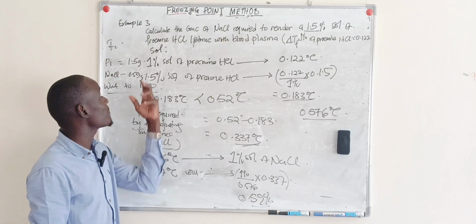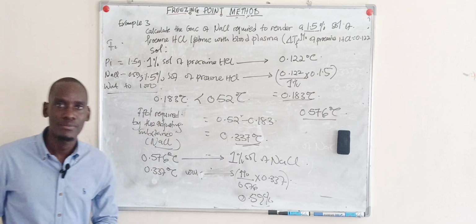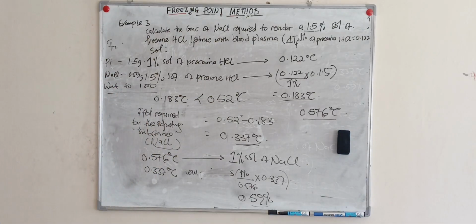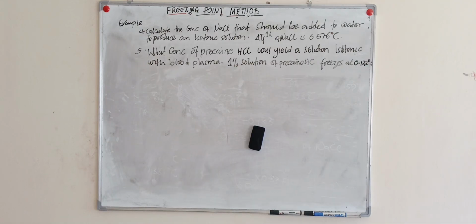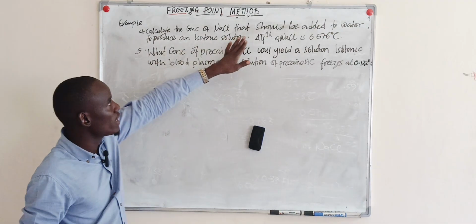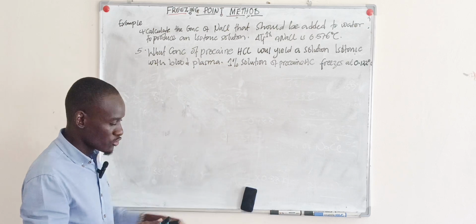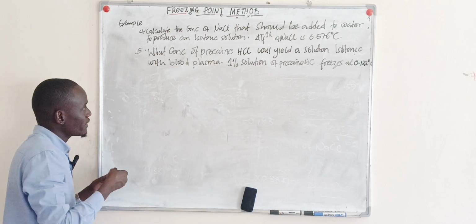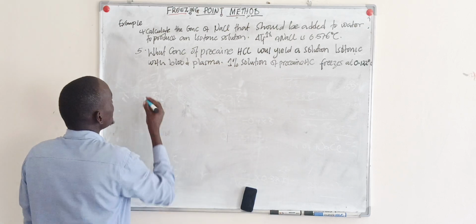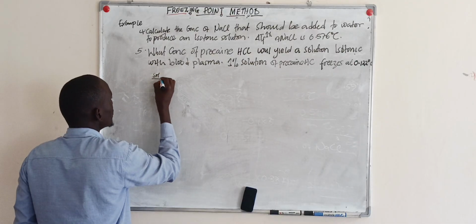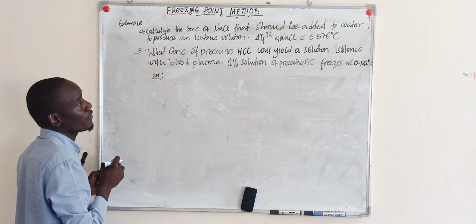Let's look at our fourth example. Calculate the concentration of sodium chloride that should be added to water to produce an isotonic solution. When you look at our fourth example, it is a bit different from what we have been solving.